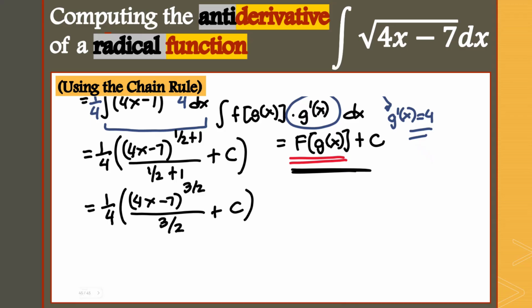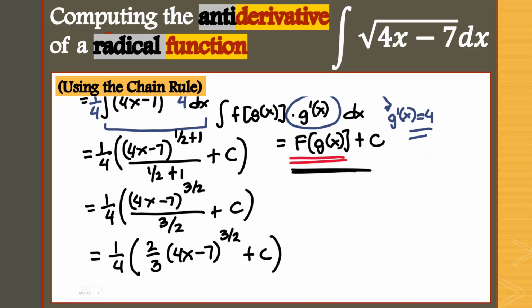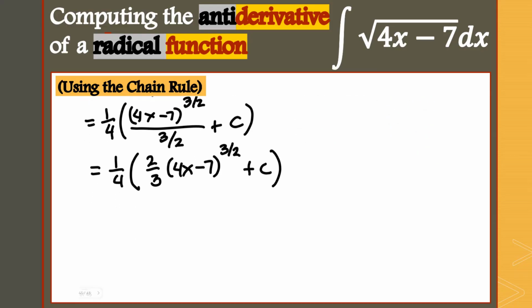Then we multiply, or let's not multiply it first. Let's use the rule of nested rational expressions, where 3 halves becomes 2/3 as a factor. You have here 1/4 outside times 2/3, and you have here 4x minus 7 to the power of 3 halves plus c. Then we can multiply now the factor of 4 outside.